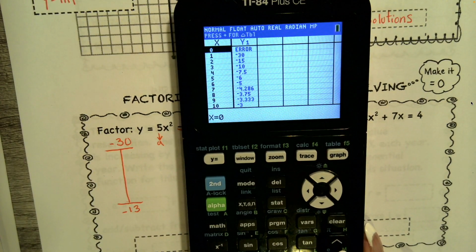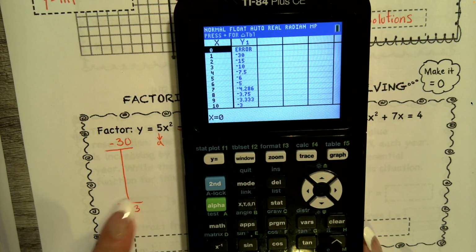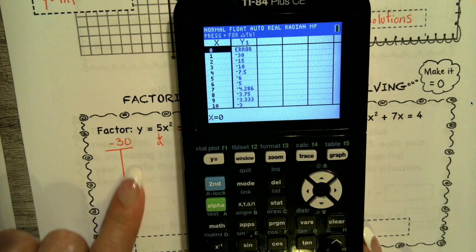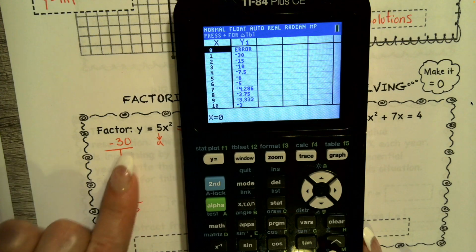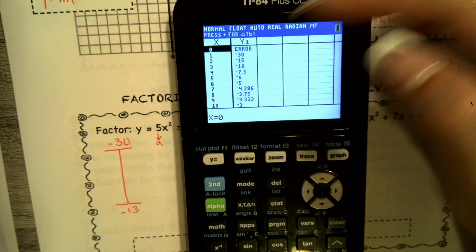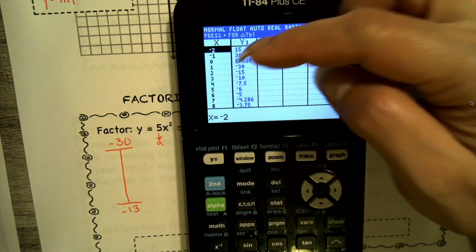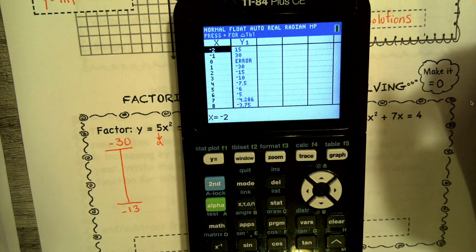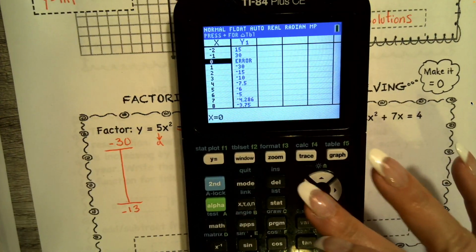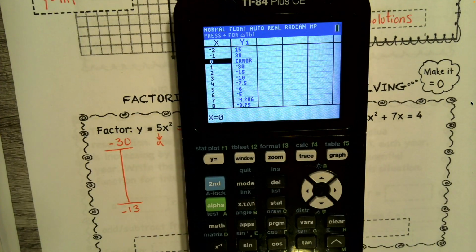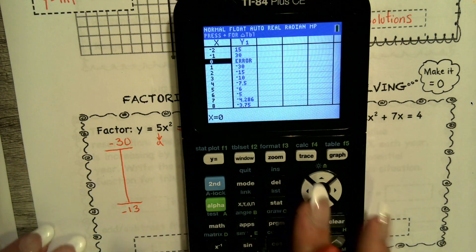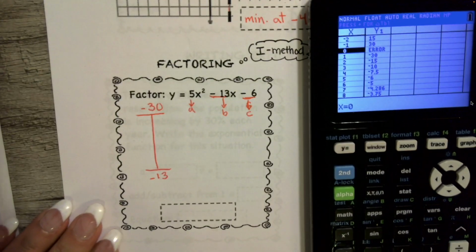Right? Then we said if the B is negative, then we're only looking at the negative values of the negative 30 factor. So for example, if you go up a little bit, you see that these values on top are positive. We don't care about those. We only start from here and we look at the negative values on the second column.